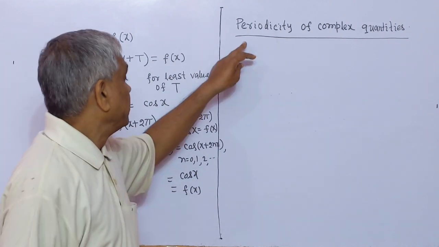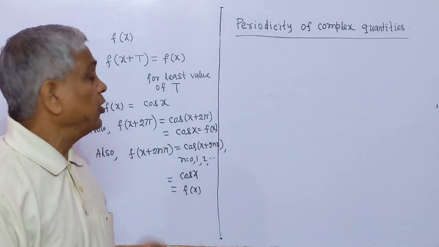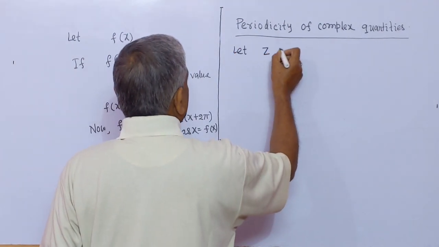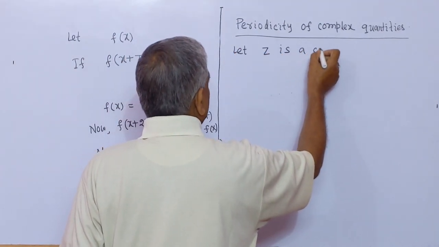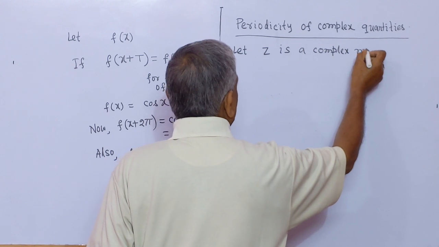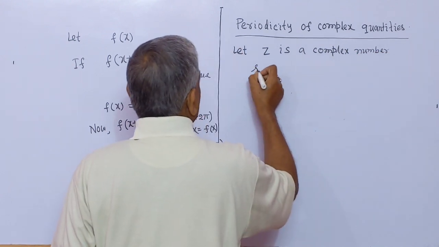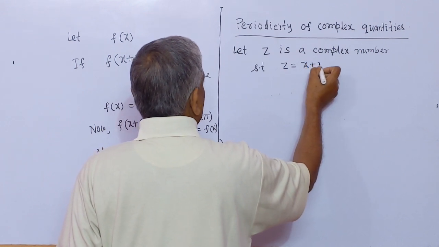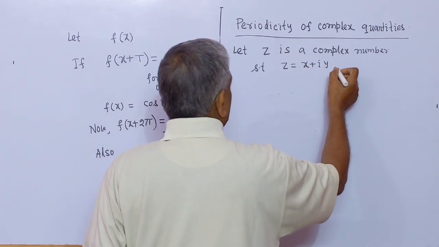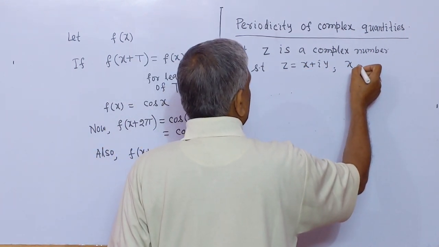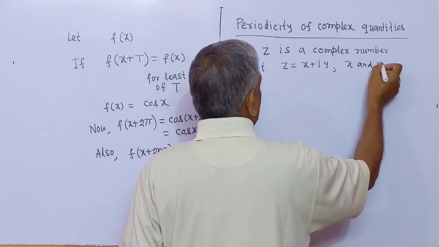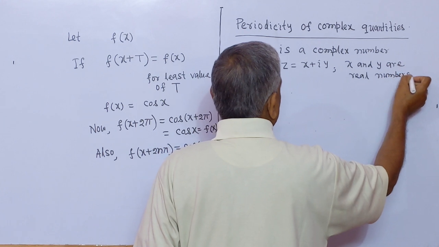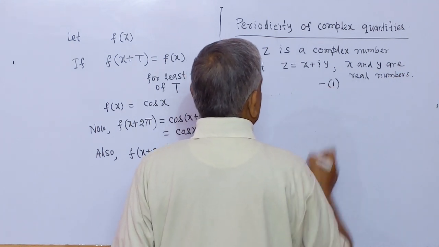Now we give the concept of periodicity of the complex quantity. Let z be a complex number such that z equal to x plus iy, where x and y are real numbers. Let this be number 1.